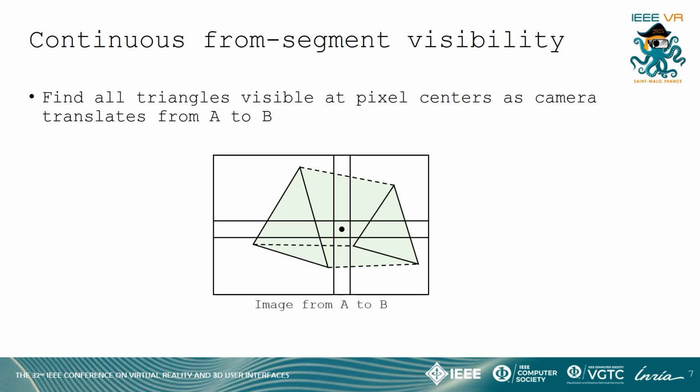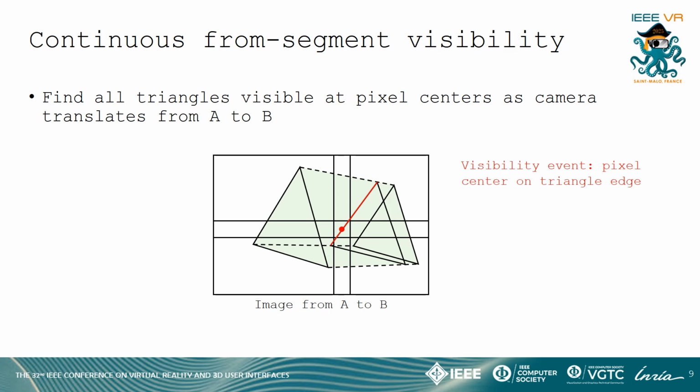What is important is to compute these visibility events, and a visibility event occurs when a triangle edge is exactly passing through the center of our pixel. Here is the first visibility event, when the right edge of this triangle goes through the pixel, and then the second visibility event is when the second edge of the triangle passes through the pixel center.